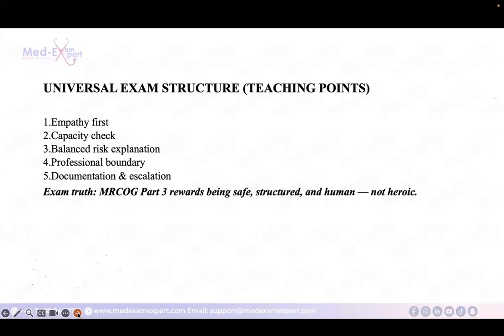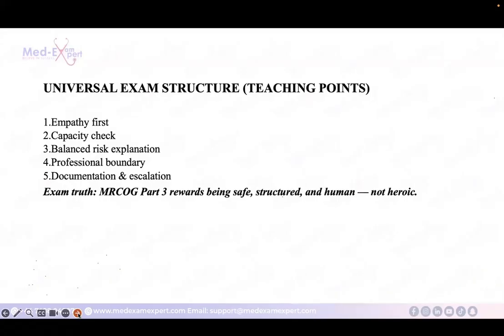So these types of questions we went through, the teaching points, the important one is empathy first, as I said earlier, that you are a human first, doctor second. So you should show empathy, check the capacity, balance the risk explanation, keep your professional boundaries, and document and explain.